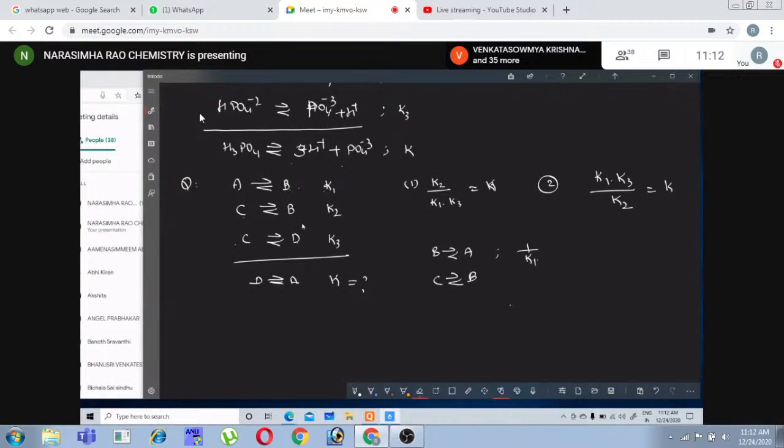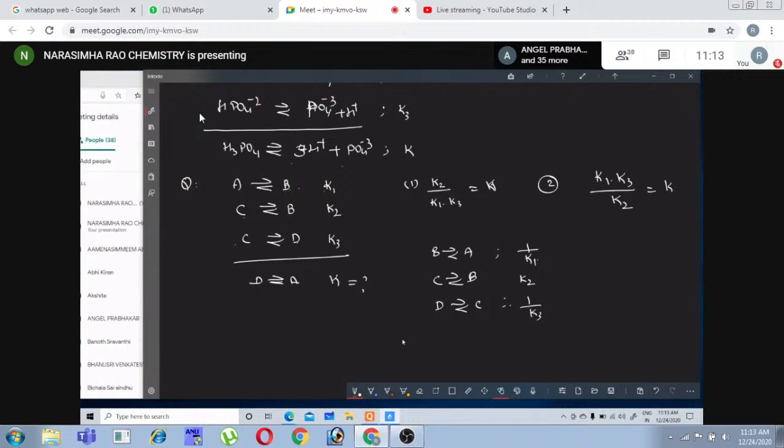Next, to cancel B, I write as it is, K2. Next, D to C is the inverse value, 1 by K3.